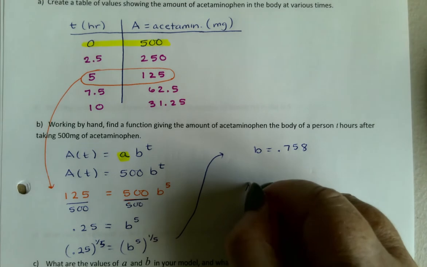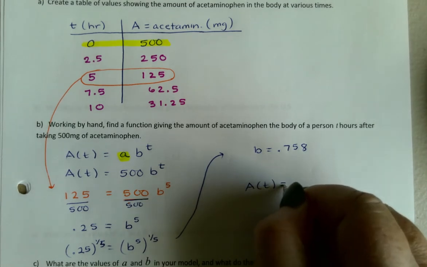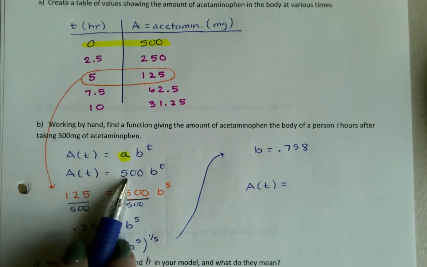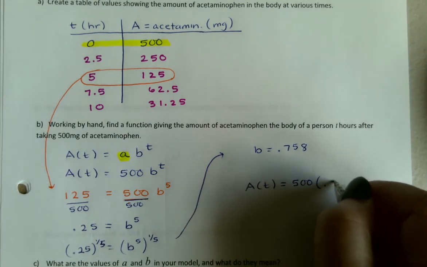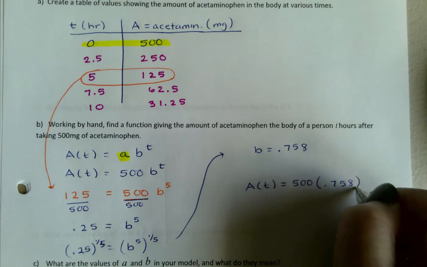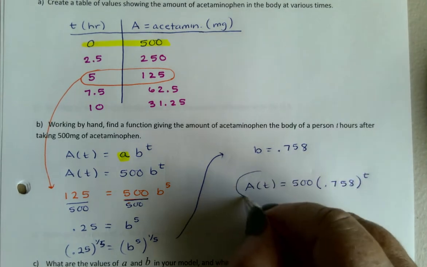So my function A of t is 500, that was the a value, times 0.758 to the t power.